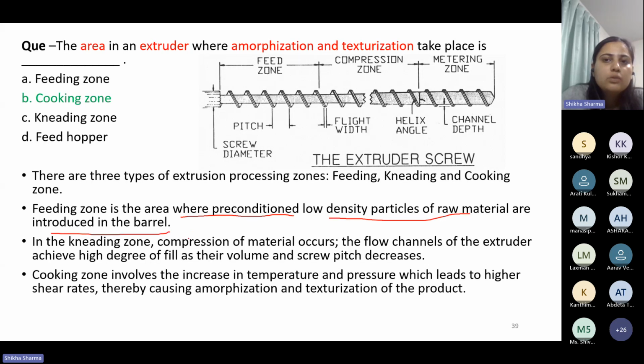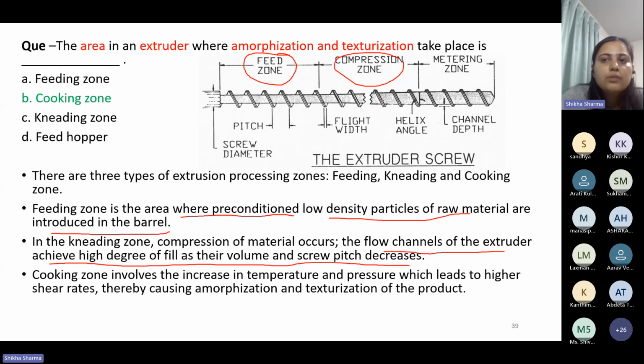Second is the kneading zone, also known as the compression zone, where the compression of the material happens and the flow channels of the extruder achieve a high degree of fill as their volume and screw pitches decrease.